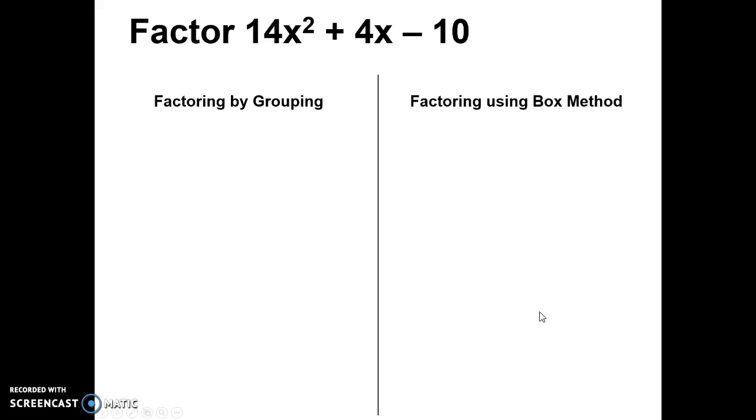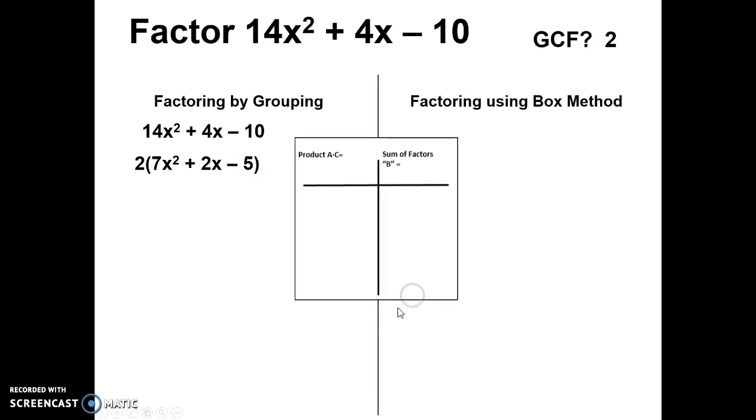Let's factor this one. Is there a GCF? Yes! Your GCF here is 2. So our first step is you've got to take your GCF out. Factor out your GCF. What's left inside the parentheses now is what you're going to factor. You're going to continue factoring. With my AC method, I'm going to take the 7 times the negative 5.